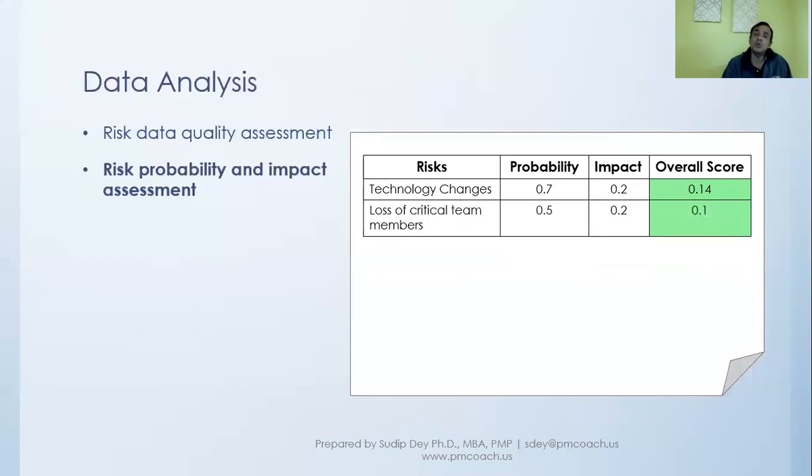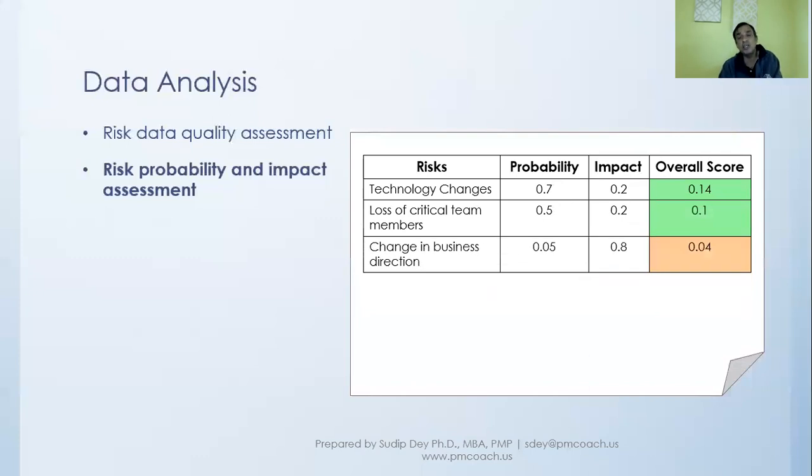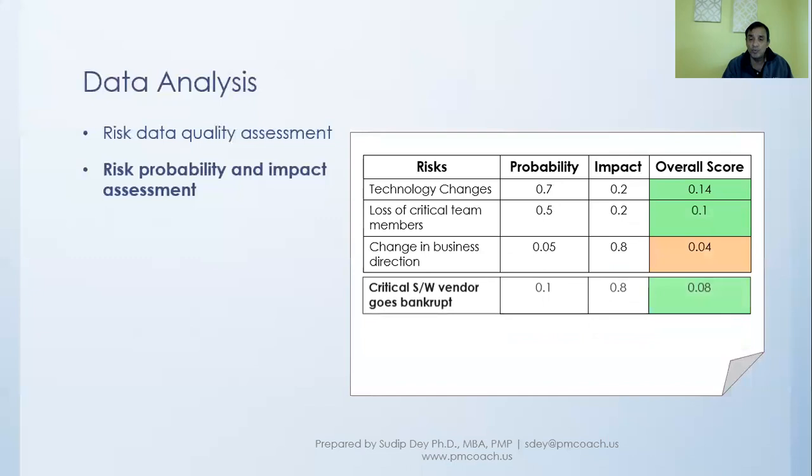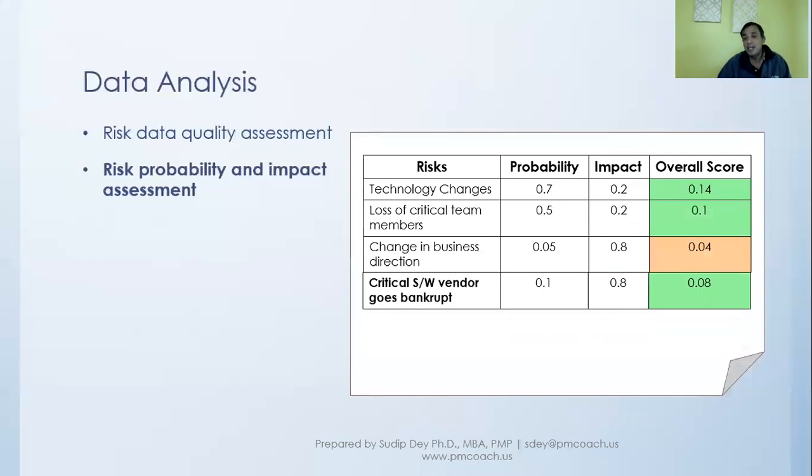Similarly, we can go through each of the risks and get the number for the probability, the number for the impact, and see what the overall score is. And from this overall score, using the probability and impact matrix that we created, we know which is the high one, which is the medium, which is the low. When we take this approach through numbers, it is called the cardinal approach.